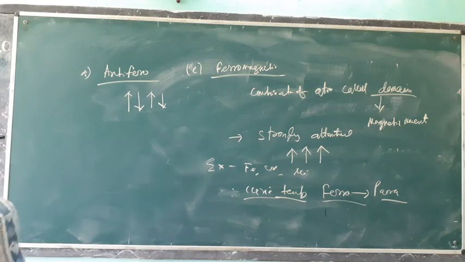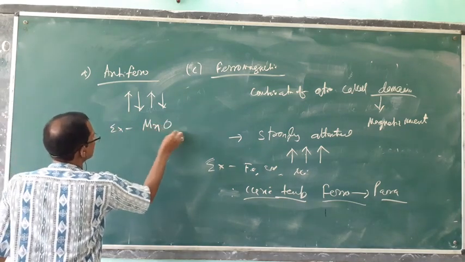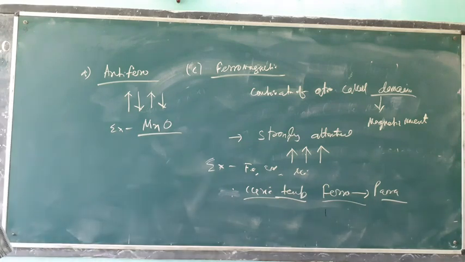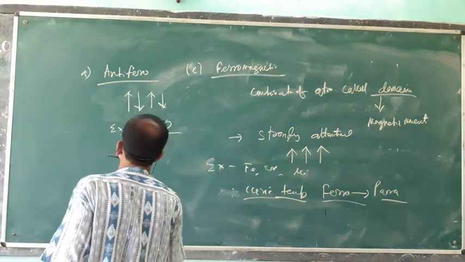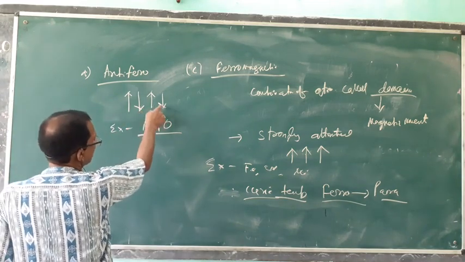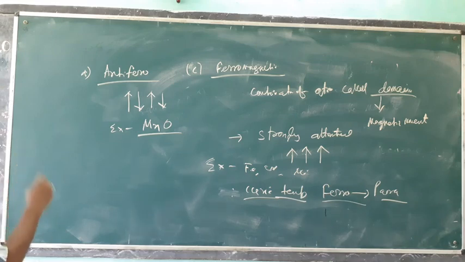What is an antiferromagnetic substance? Example is manganese oxide, MnO. MnO is an example of an antiferromagnetic substance. One important thing is the magnetic moments are in opposite directions. This you have to remember.